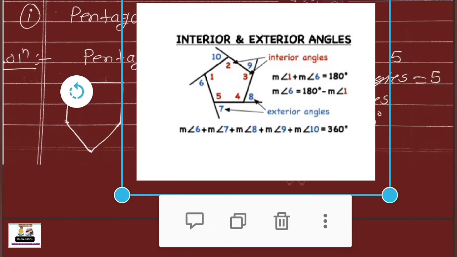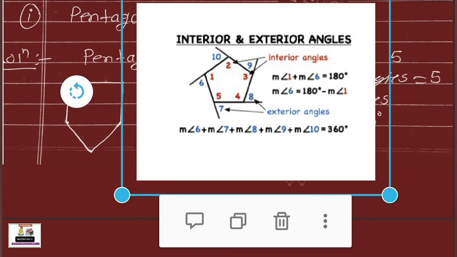Here, remember, the measure of an interior angle plus the measure of the exterior angle is equal to 180 degrees. That means measure of angle 1 plus measure of angle 6 is 180 degrees. And the measure of angle 6, the exterior angle, is 180 minus measure of angle 1, that is, 180 minus the measure of the interior angle.